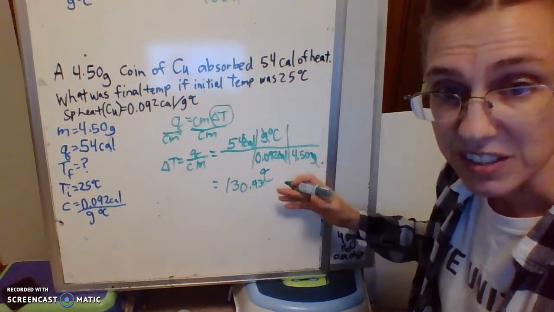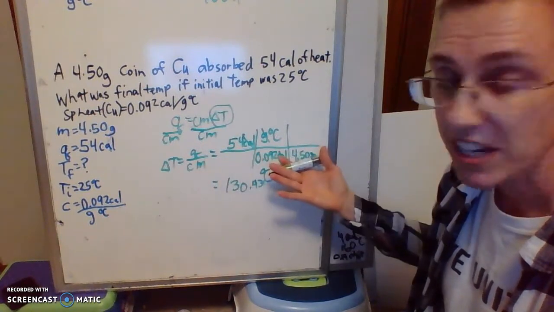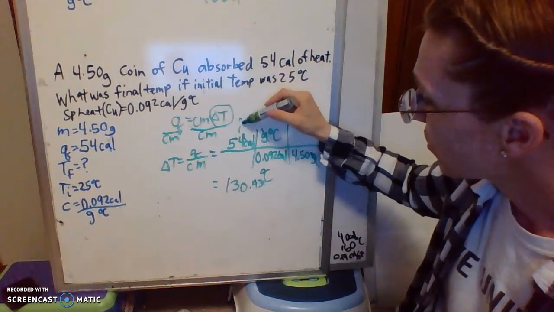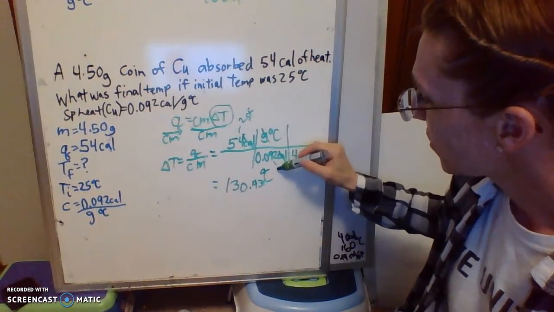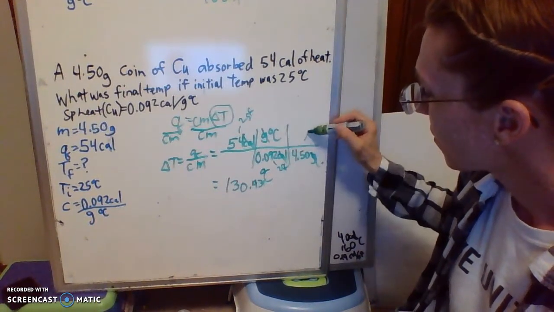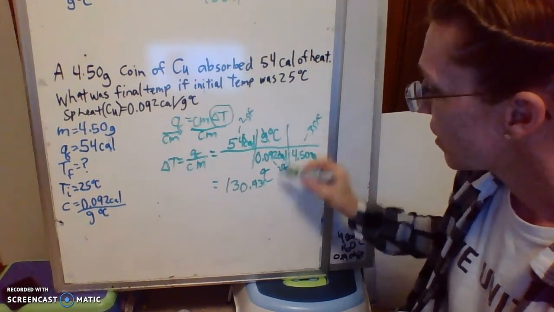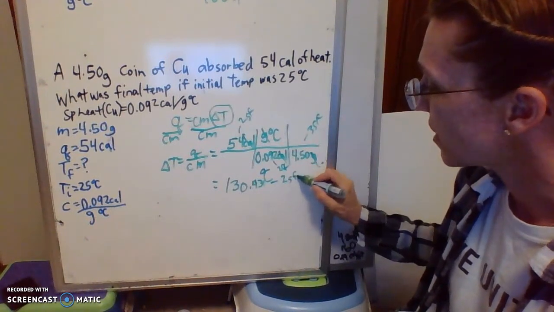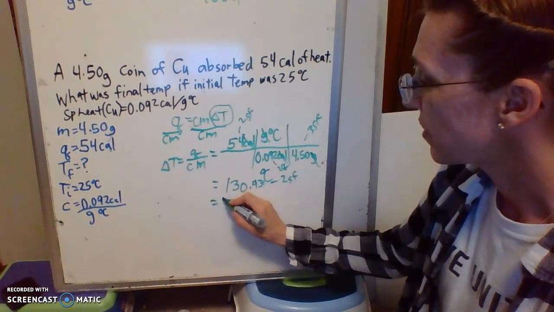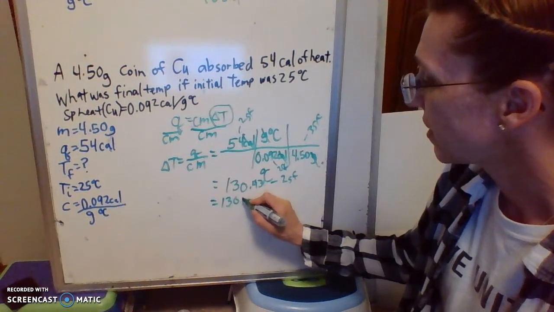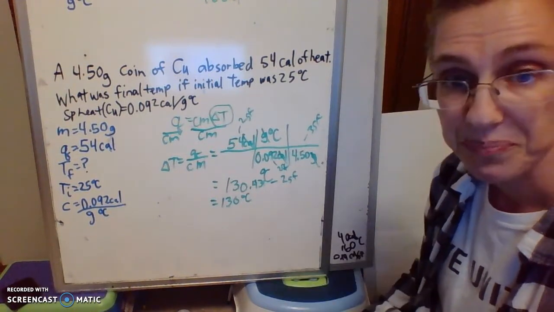Now we have to check our significant figures because we're done with our multiplication here. We've got two significant figures here, two significant figures here, three significant figures here. So we need two significant figures in our answer, which means we're going to be 130 degrees Celsius.